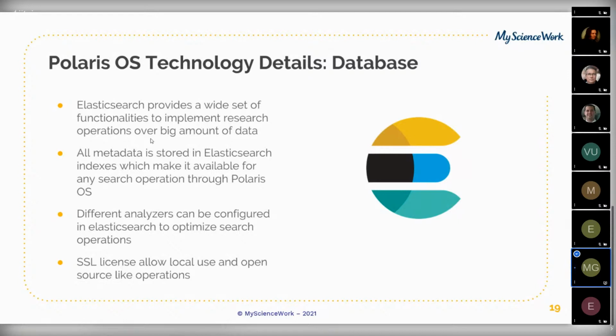If we configure that search well, we can take idiomatic limitations or considerations into account when we configure the search and the indexes in Elasticsearch by putting in place specific analyzers, and that makes Polaris OS powerful in terms of how we can search and find information.